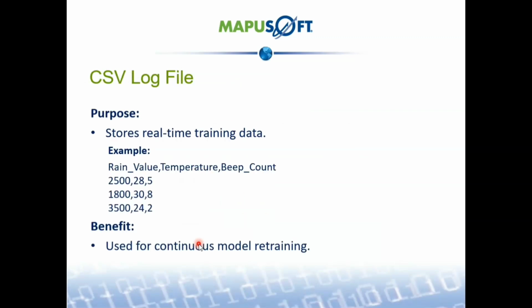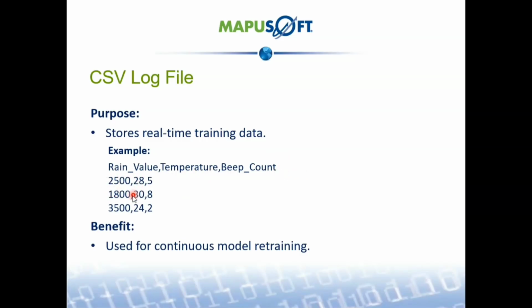Let's talk about the machine learning part. In this project, we use a decision tree regressor. The model is trained using historical data like rain value, temperature, and beep count.